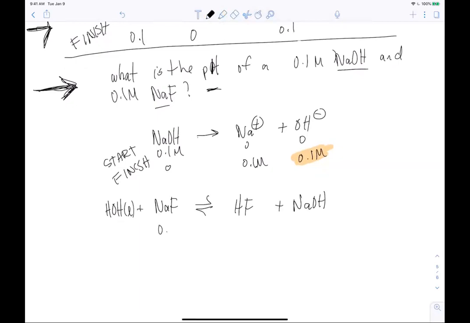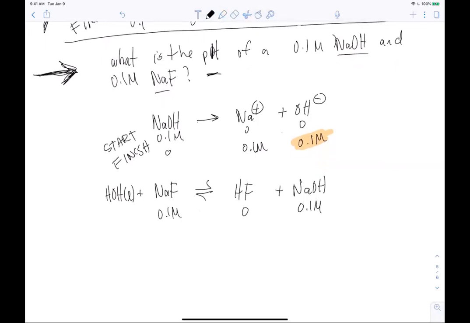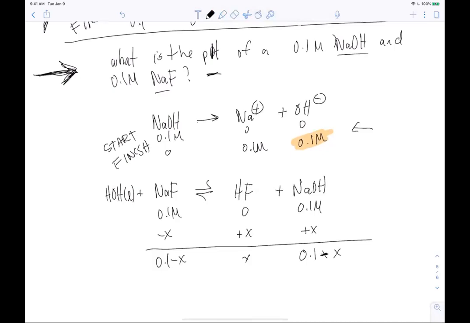We start out with 0.1 molar of this, and then we have to work through what the equilibrium values are for all of these things. So you're starting out with 0.1 molar from up here, and we're losing X, gaining X, gaining X. And so what you would end up with is a somewhat complicated situation here.